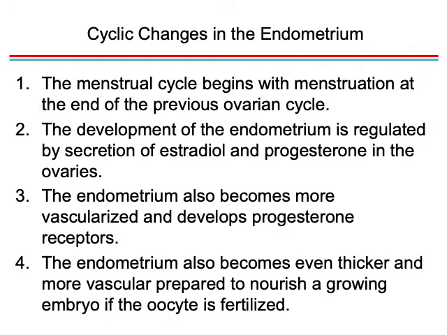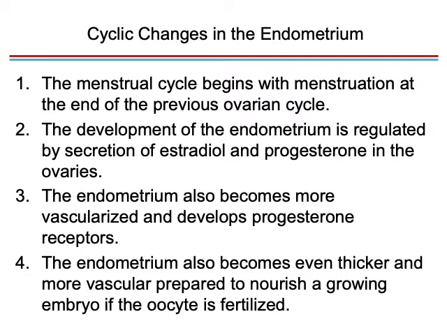During the proliferative phase within the uterus, the endometrium is being stimulated at first by estrogens, second after ovulation by estrogen and progesterone, to develop, to quickly go through mitotic changes where the endometrium increases in size.